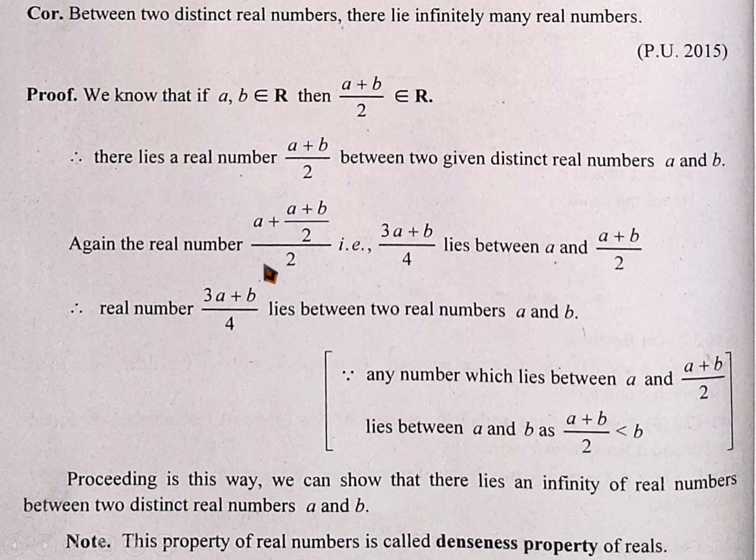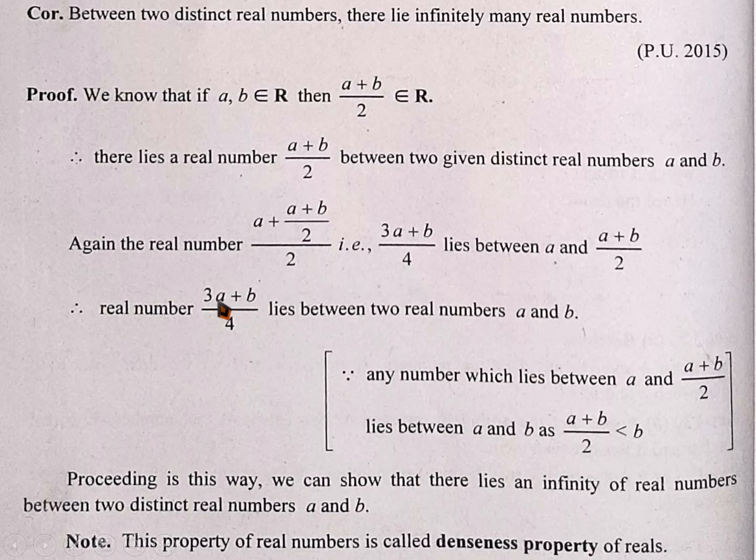Again, using the same method, here is (a + b)/2, and take the sum with a and divide by 2. So this real number (3a + b)/4 lies between a and (a + b)/2. The sum of these two numbers, divided by 2, lies between a and (a + b)/2.